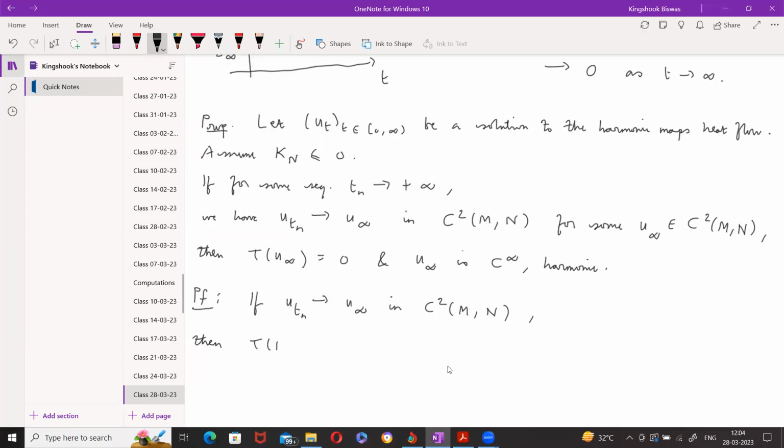So then tau of u_{t_n} converges to tau of u_infinity uniformly on M. Thus, by uniform convergence, the integral of norm tau u_{t_n} squared converges to the integral of norm tau u_infinity squared.